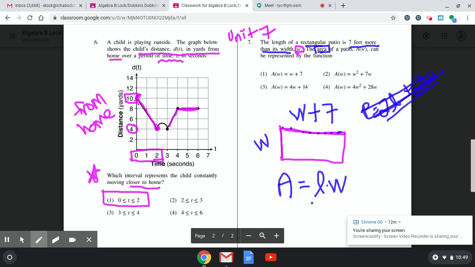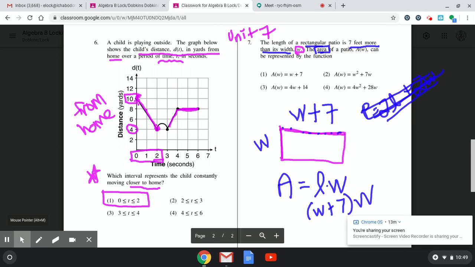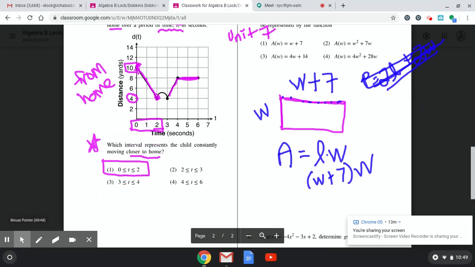So the length we represented by W plus 7, and the width we represented as W. Now, does that look like one of the 4 choices there? W plus 7 in parentheses, because it's a binomial, so we use parentheses, times W? No, not yet.